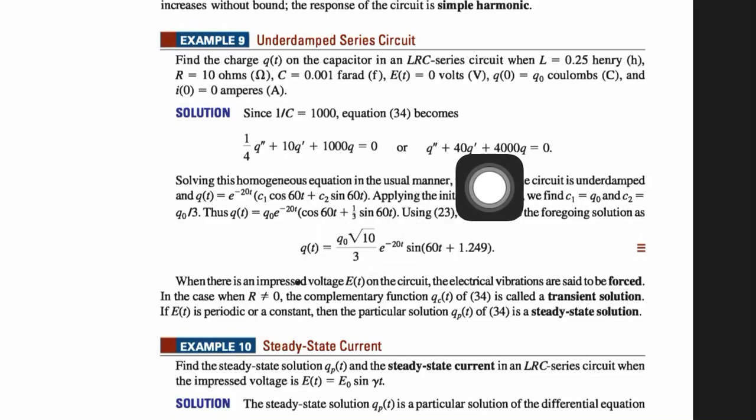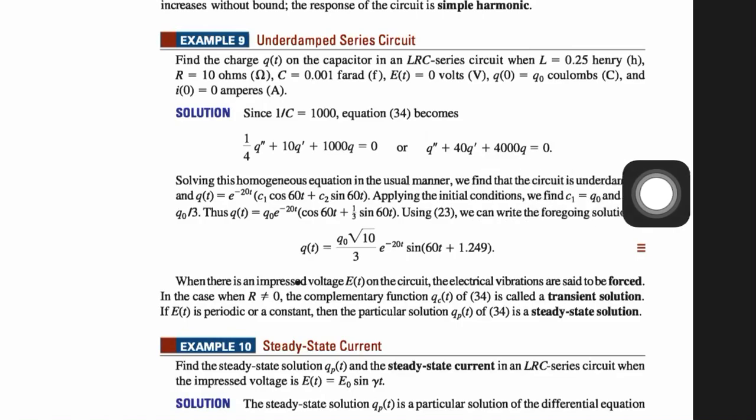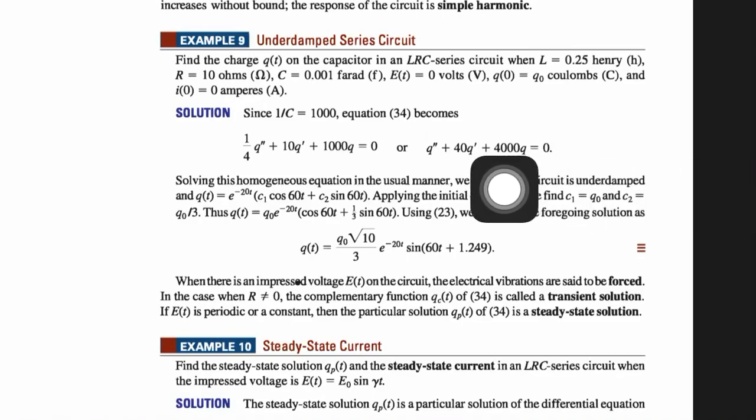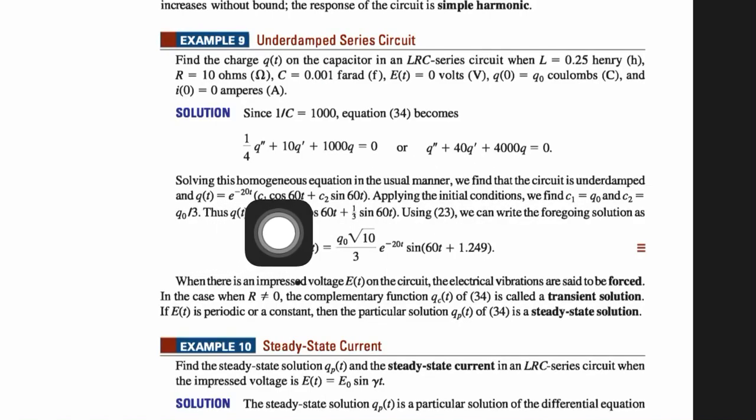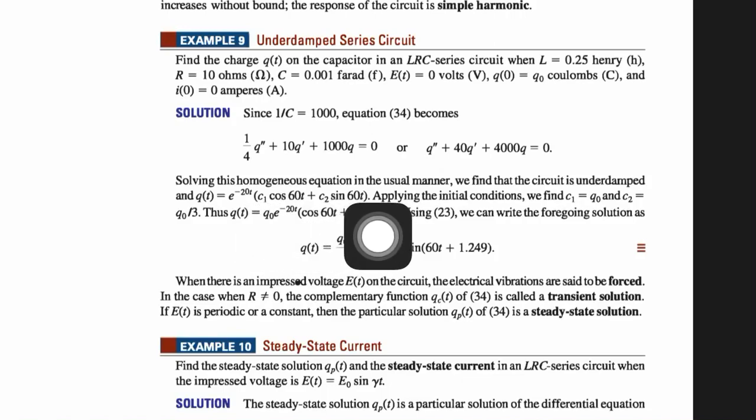First I convert it into the auxiliary equation, then find the roots, and on the basis of the roots you can see whether the system is critically damped, underdamped or overdamped. In this case the system is underdamped, so the general solution is q of t equals e to the power minus 20t times C1 cos 60t plus C2 sin 60t.